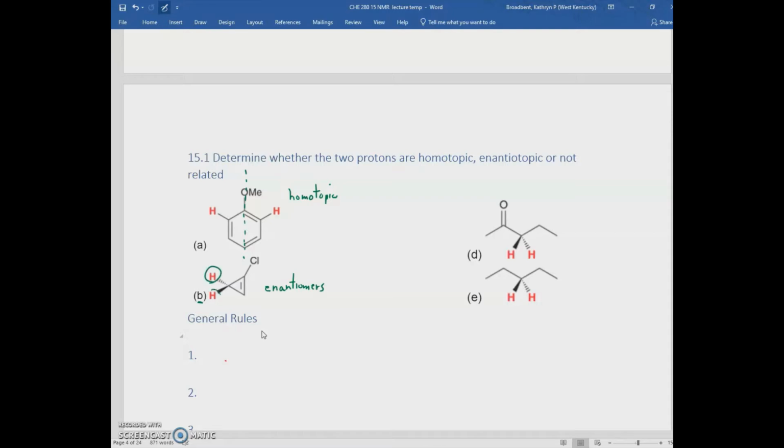And these will be different chemically. Again, here, there's no plane of symmetry, and they will be enantiotopic.